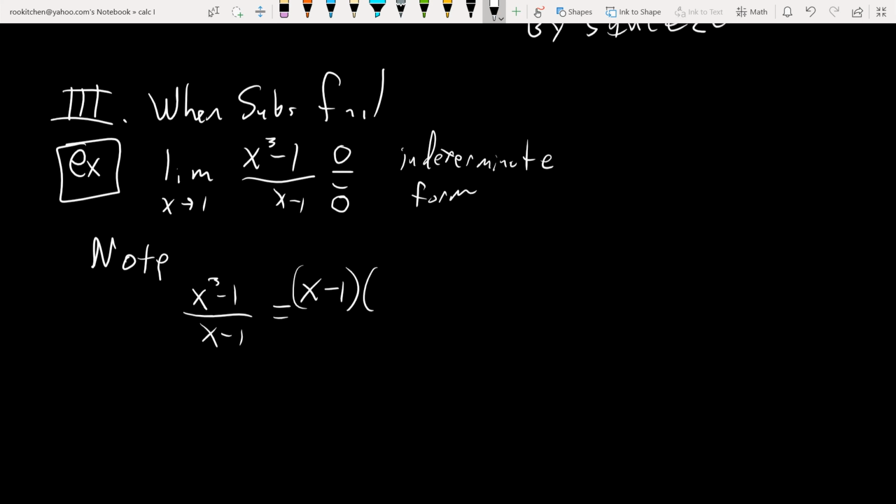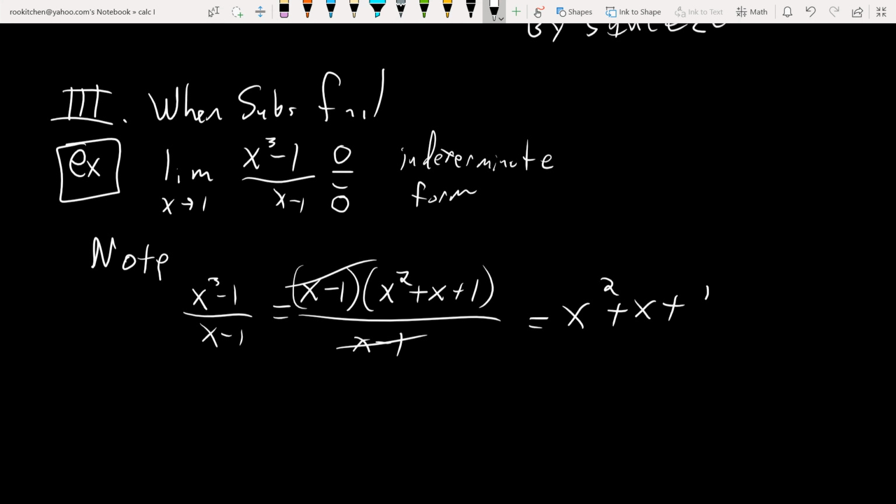You can factor x cubed minus 1 into x squared plus x plus 1 times x minus 1, all over x minus 1. So everywhere except at 1, this thing is just equal to x squared plus x plus 1, which is fortunate for us because we don't really care about what happens exactly at 1. Remember, the limits just care about the approach to the value, not necessarily what happens at the value.